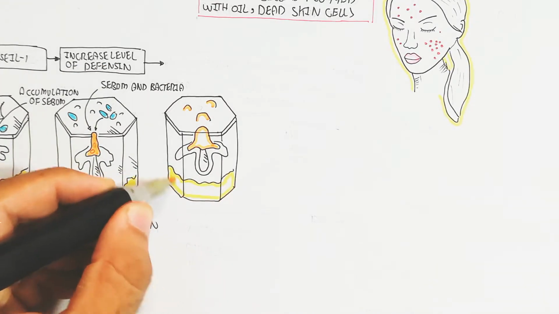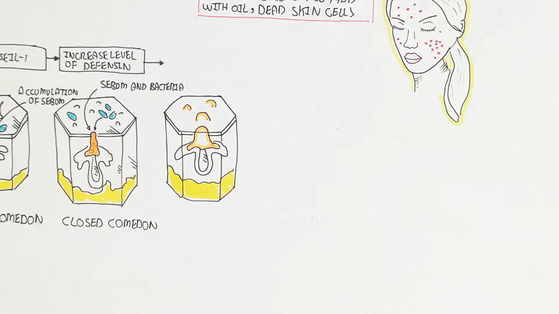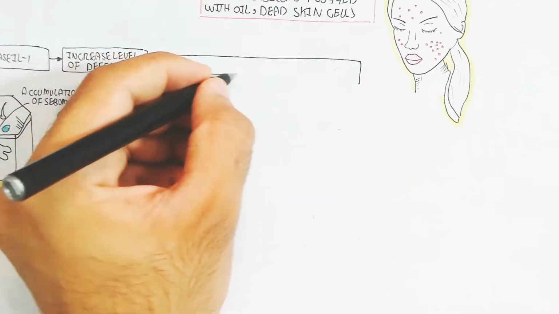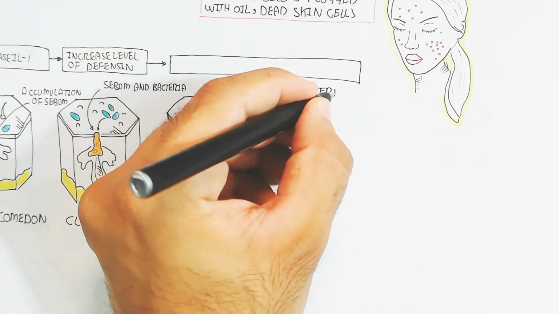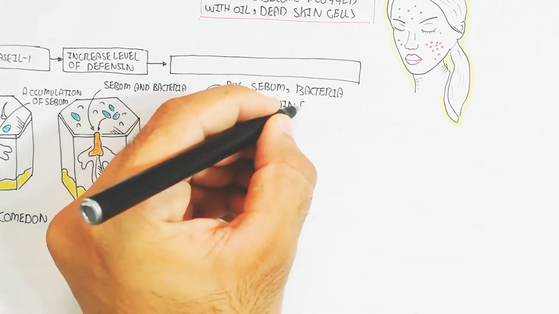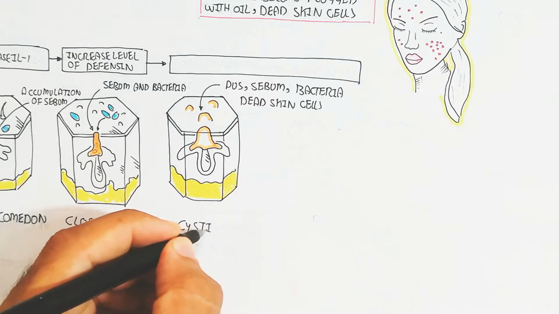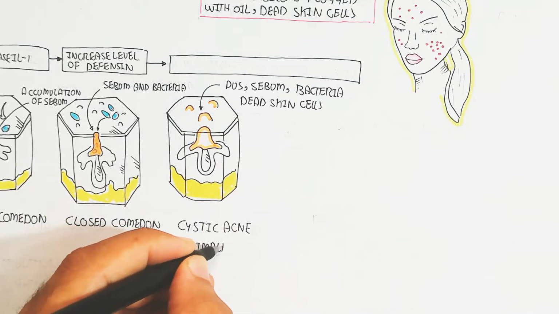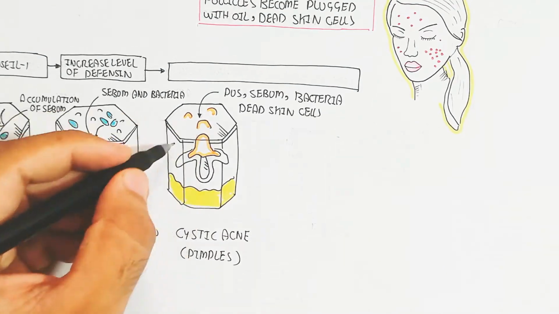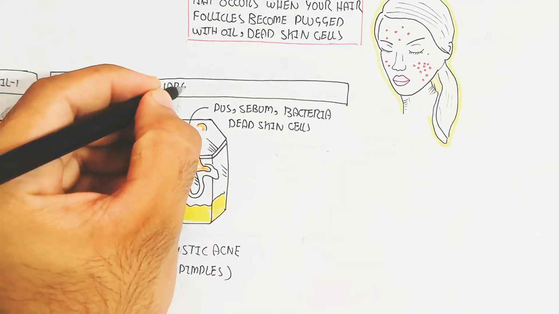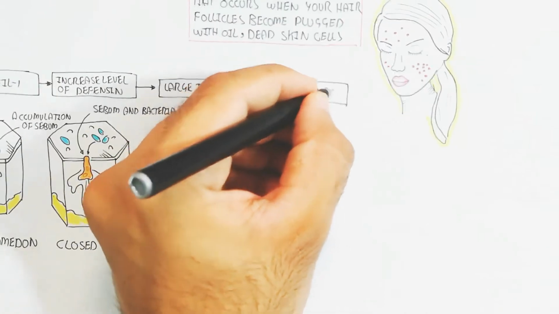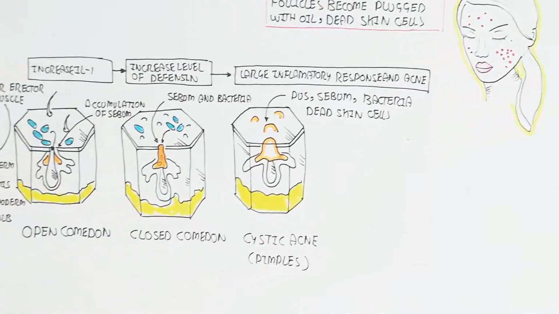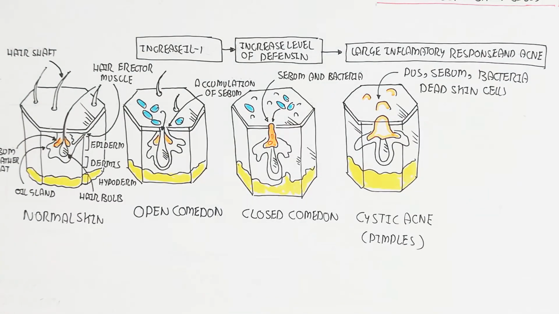This cystic acne is the pimple formation, and this pimple contains pus. This pus is antibacterial because of the antibacterial proteins, and it contains sebum, bacteria and dead skin cells. This is known as a pimple. So when the comedone is plugged or blocked, the change from open to closed comedone leads to pus formation.